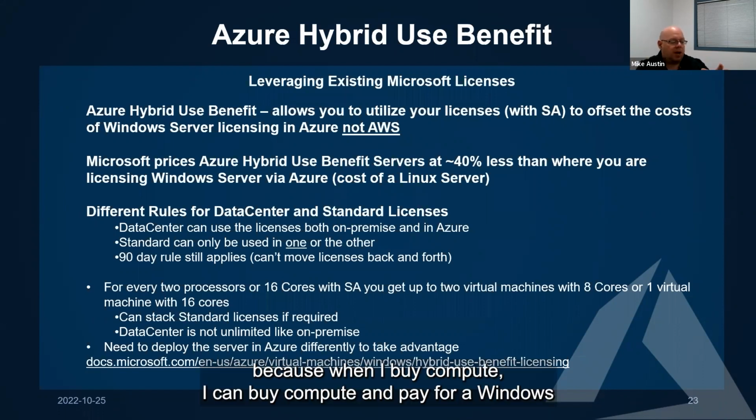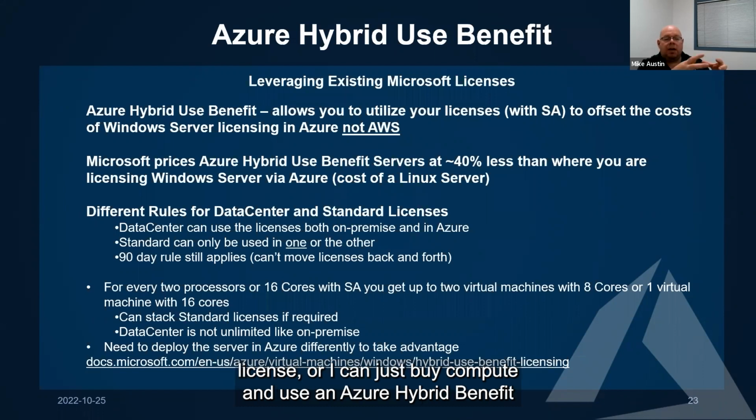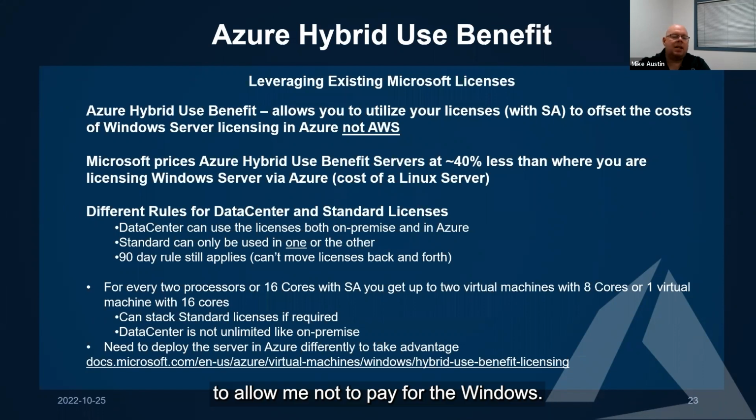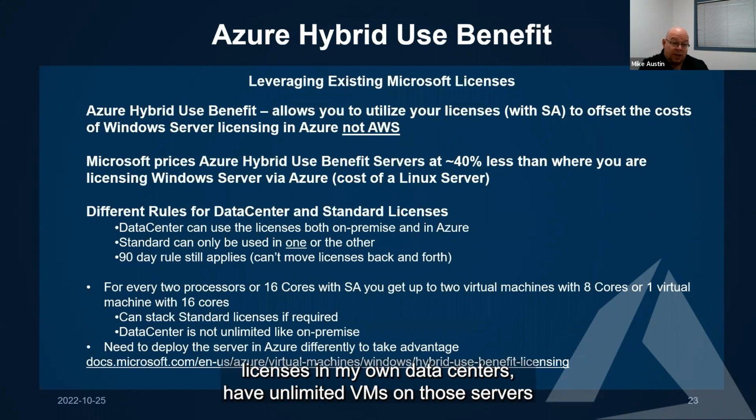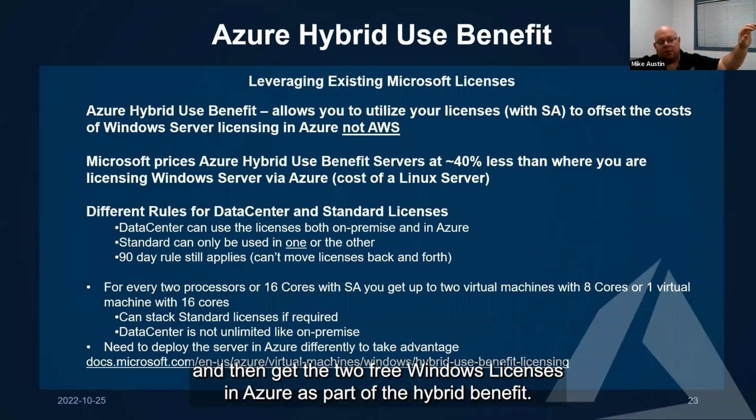Because when I buy compute, I can buy compute and pay for a Windows license, or I can just buy compute and use an Azure Hybrid Benefit to allow me not to pay for the Windows, okay? Now, that is truly what I'll say is a hybrid benefit, because I can use those Datacenter licenses in my own data centers, have unlimited VMs on those servers, and then get the 2 free Windows licenses in Azure as part of the hybrid benefit.